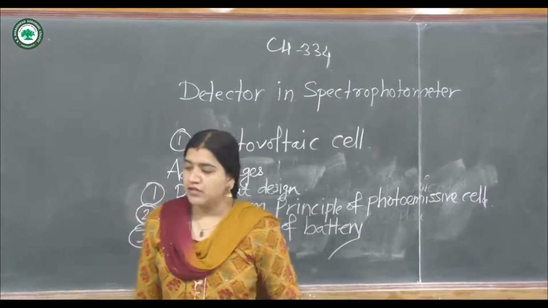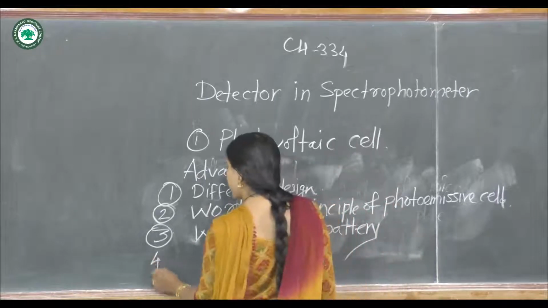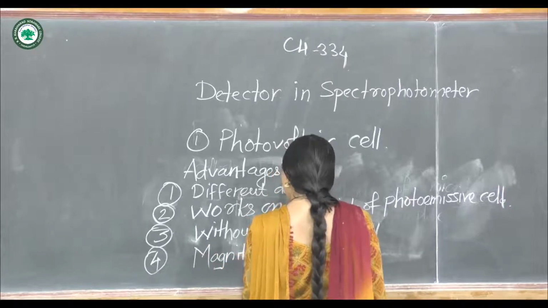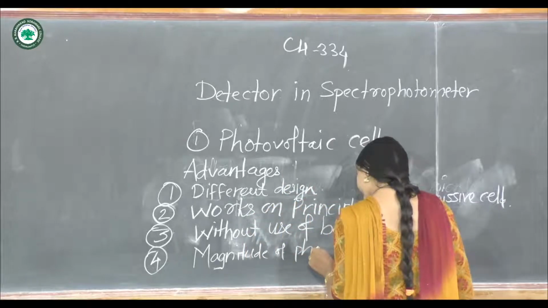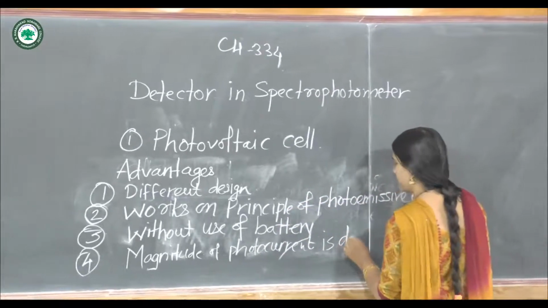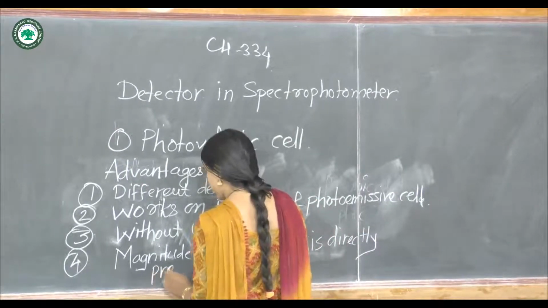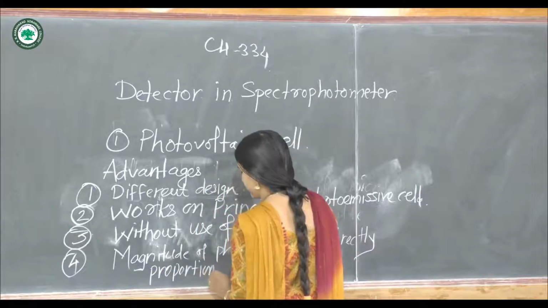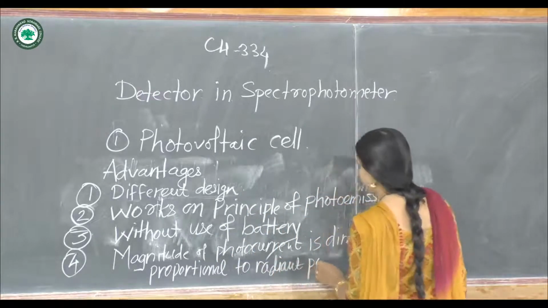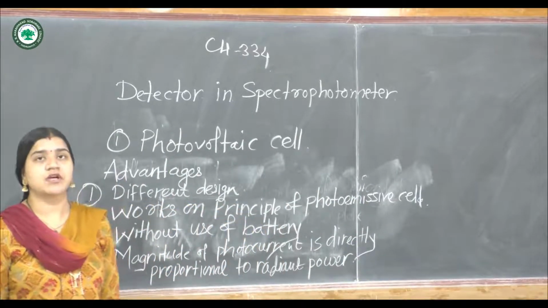And the magnitude of the photocurrent is directly proportional to the radiant power.